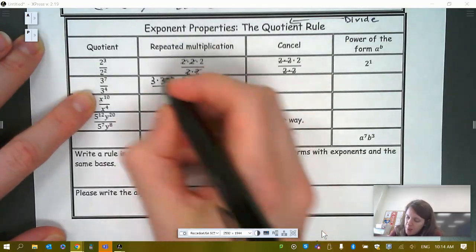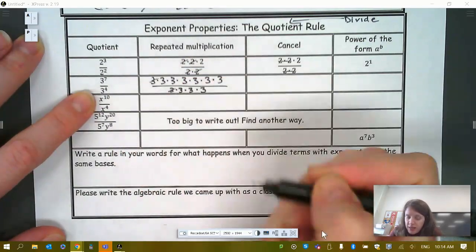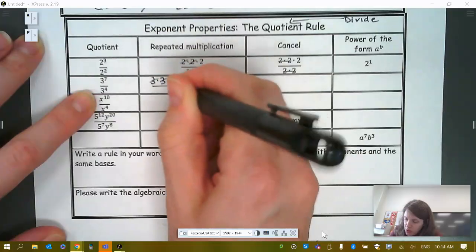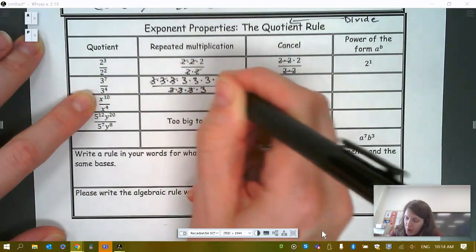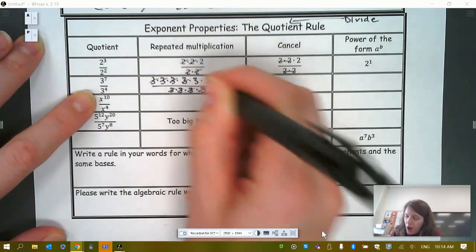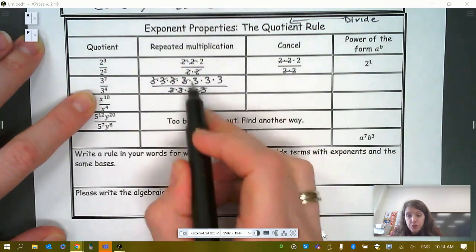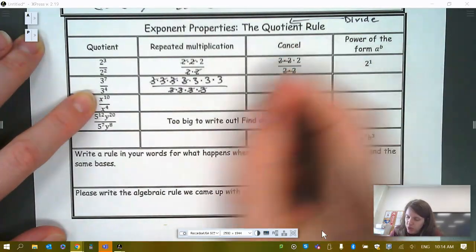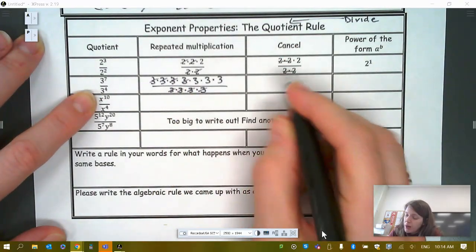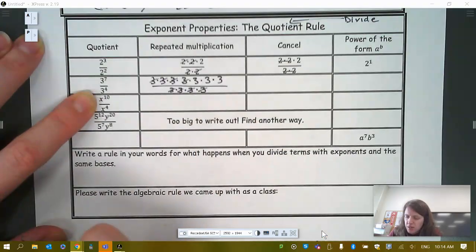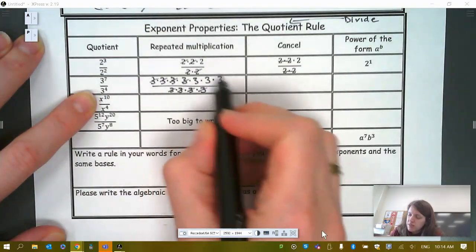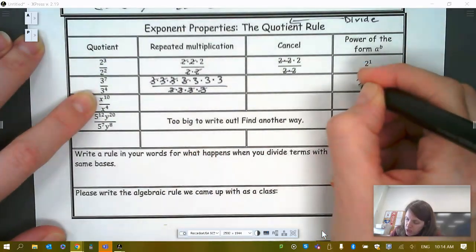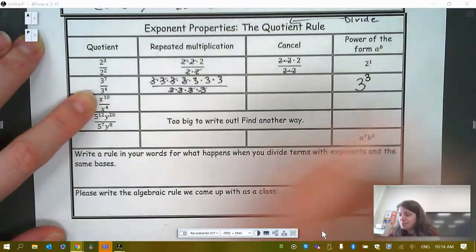Okay, so again, on top and bottom, each time I have a pair of threes, I can cancel them out. Okay, and then boom, boom. Well, how many am I left with? I'm left with a total of 3 threes, right? So you can see I did my canceling over here, so I didn't have to write it 2 times. But you can see I'm left with 3 threes. Well, 3 threes is the same thing as saying 3 to the third power.